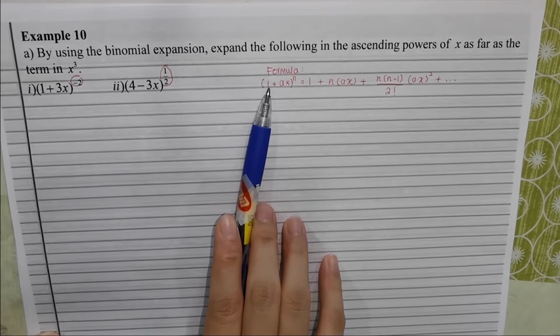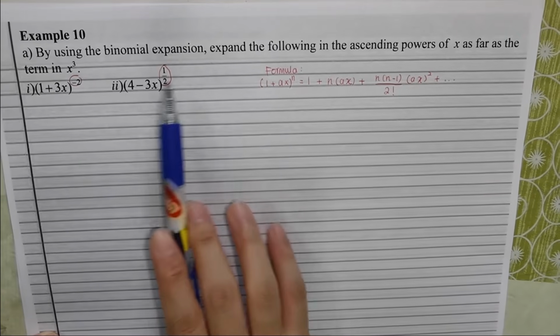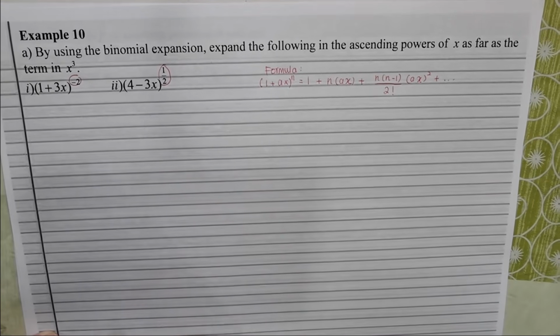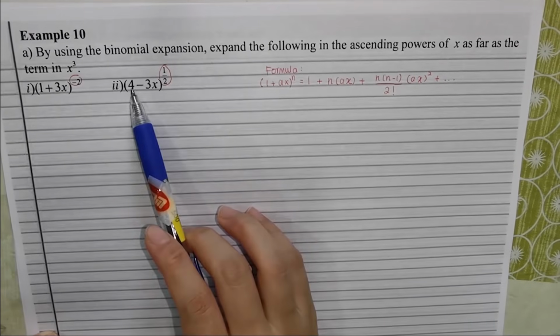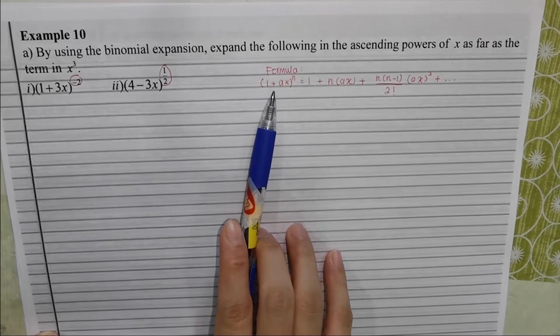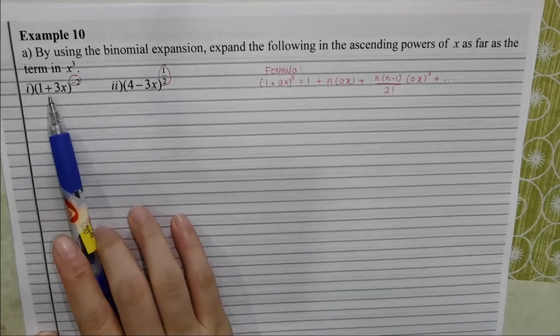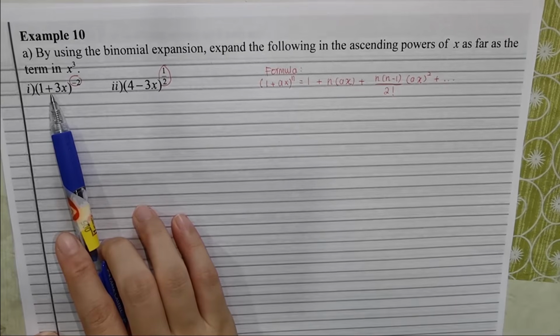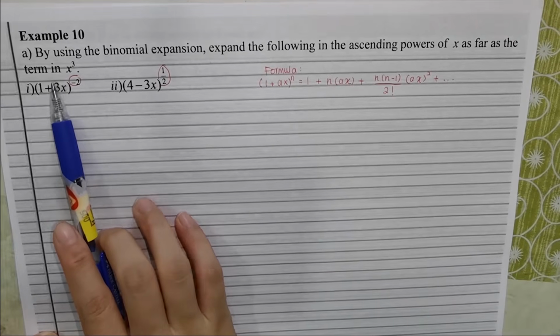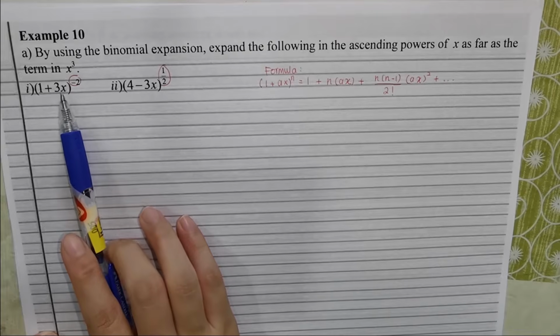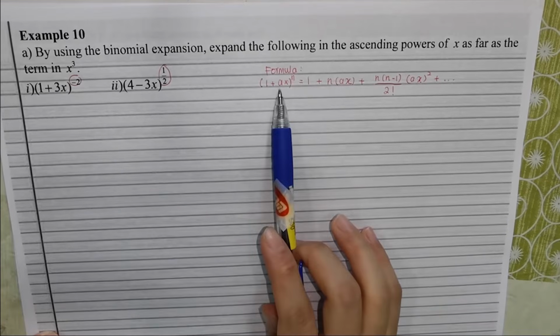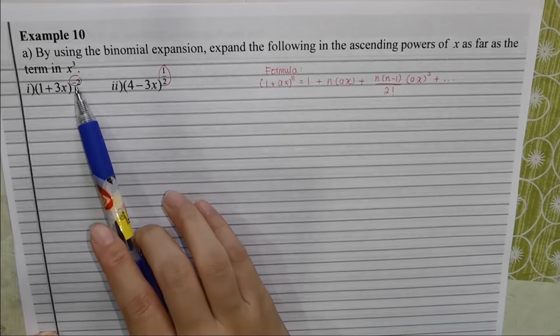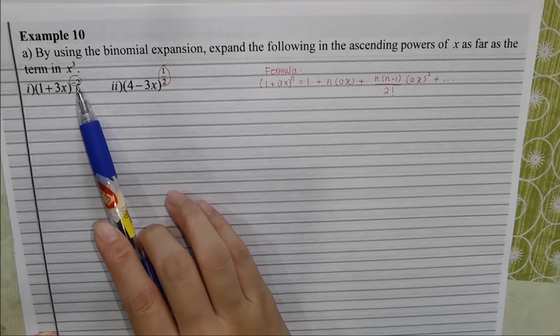If you don't have 1, you have to do something with the 4 before we can apply this formula. Since for the first one, (1 + 3x), the first term is just 1, the second term is 3x, so 3x is our ax and n is -2.